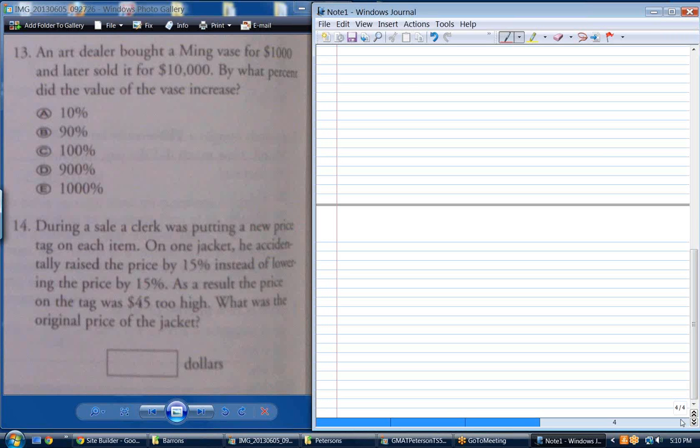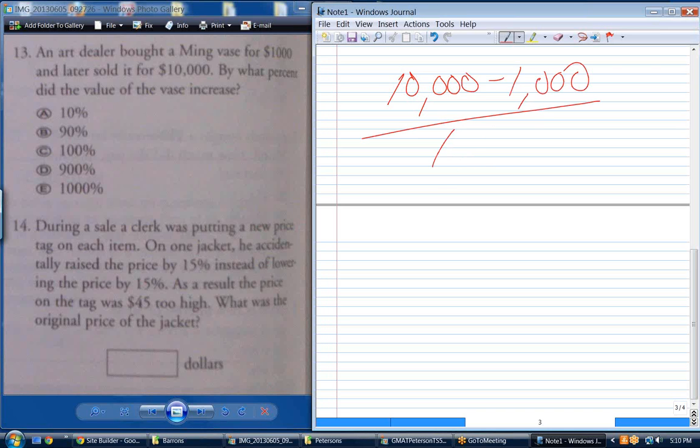It's the difference divided by the original price times 100, right? Yes. So it'd be 900. 10,000 minus 1,000 divided by 1,000 times 100 to convert it to percent. I said it was 900. Okay, good.